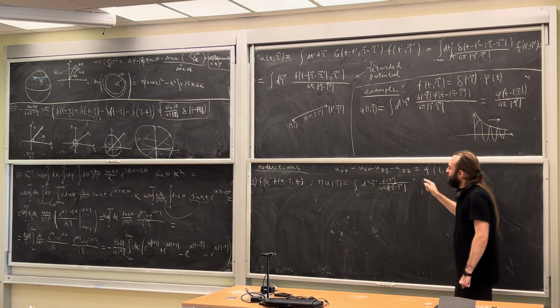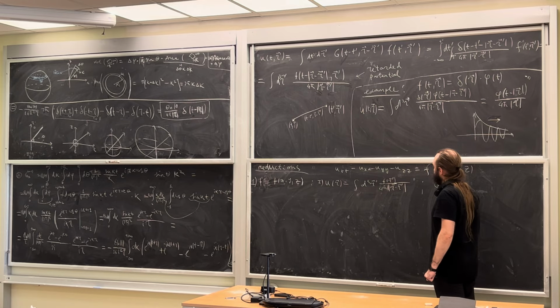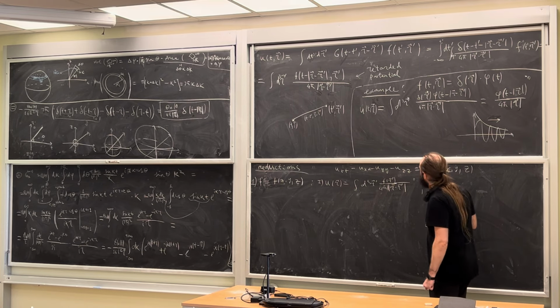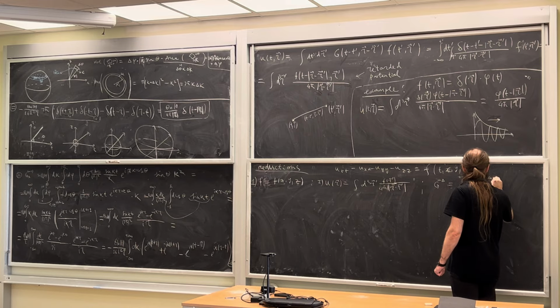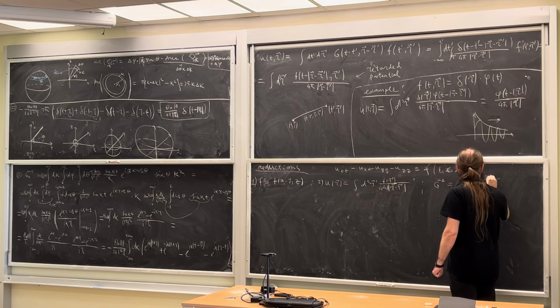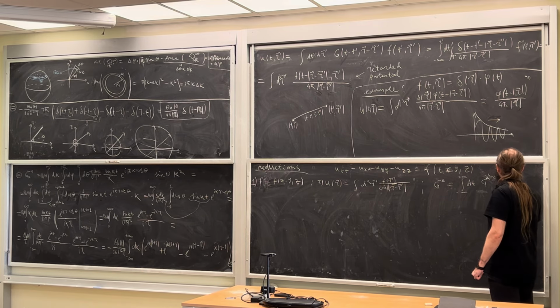Another way to obtain this is to integrate our Green function. The Green function of minus Laplacian equals the integral from minus infinity to plus infinity dt of the Green function of the wave operator, d t squared minus Laplacian, of t and r.